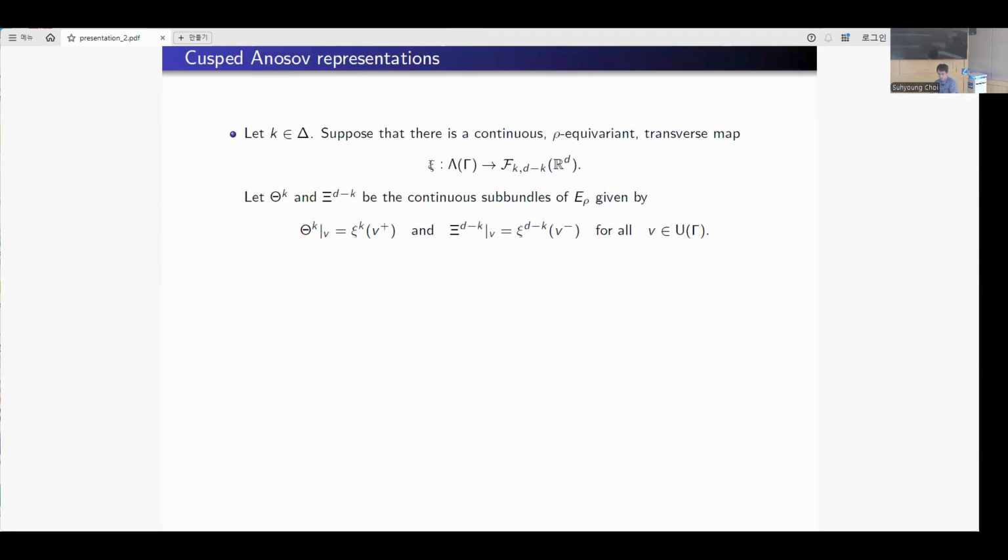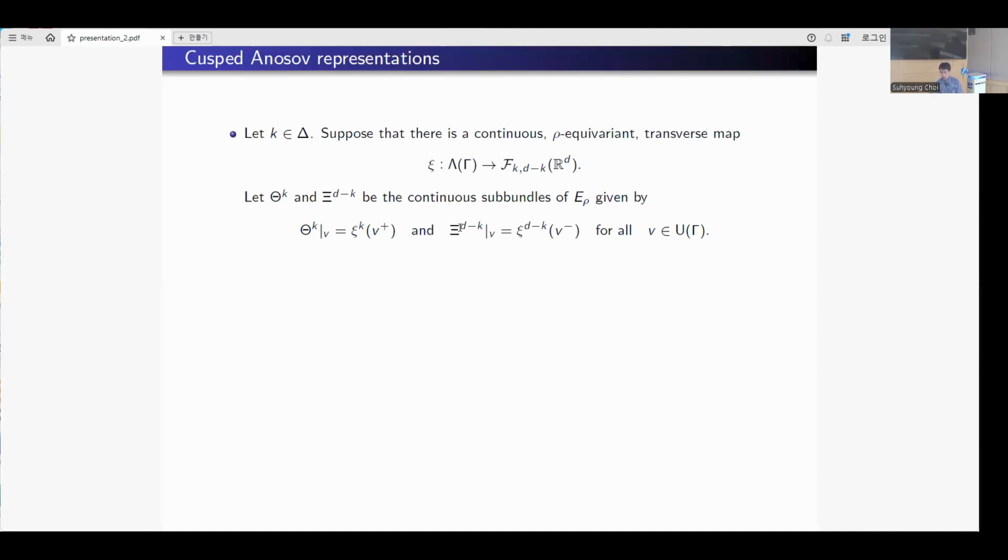Using this map, you can define continuous subbundles of E rho in the following way. If you take any vector V in the base, theta K is a rank K subbundle of E rho, and the fiber above the point V is this K-dimensional subspace C^K(V plus). You look at the forward endpoint, which is a point in the limit set, and the flag map gives you a K-dimensional subspace; you just use that.